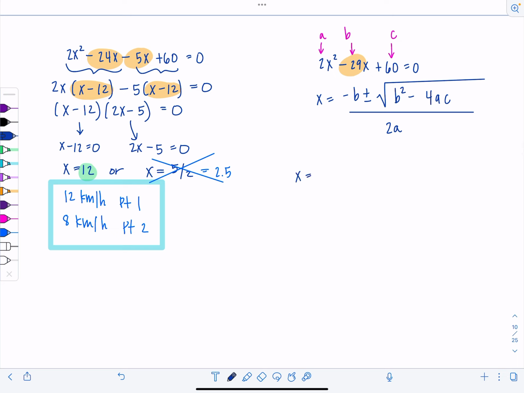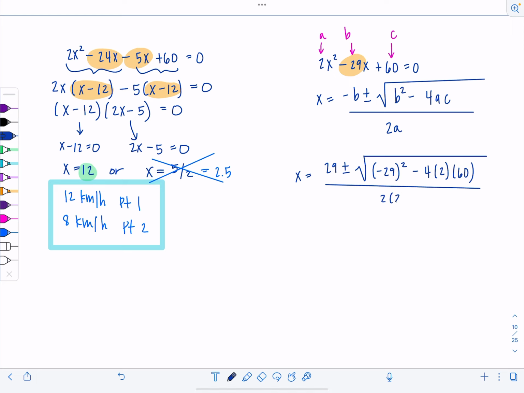So opposite of b is going to be positive 29 plus or minus square root b squared. That's negative 29 squared minus 4 times 2 times 60 all over 2 times 2. So this is 29 plus or minus square root of 841, that's negative 29 squared.